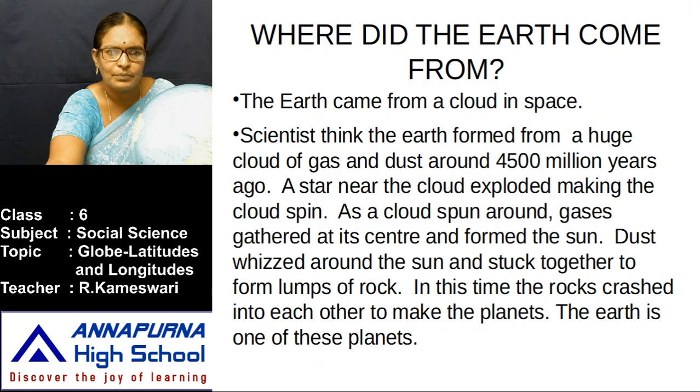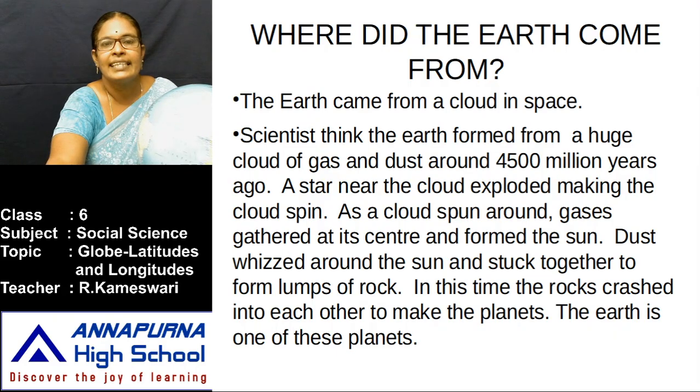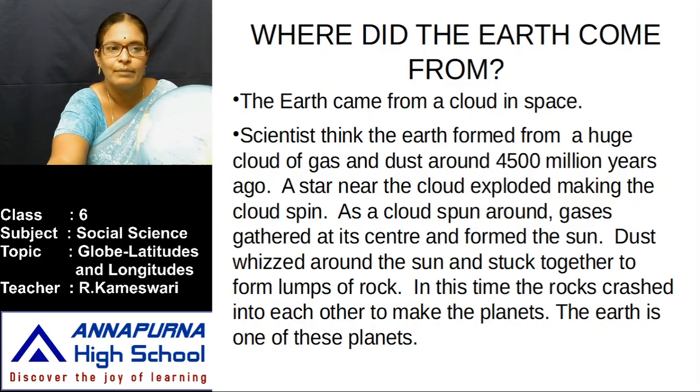Next, where did the earth come from? The earth came from a cloud in space. Scientists think the earth formed from a huge cloud of gas and dust around 4,500 million years ago. A star near the cloud exploded, making the cloud spin. As the cloud spun around, gases gathered at its center and formed the sun.